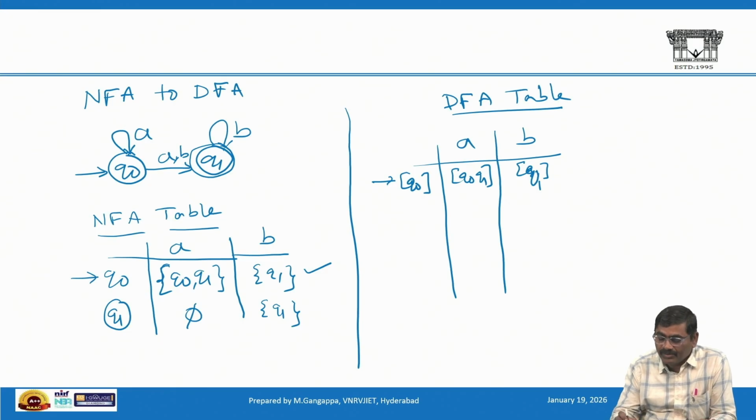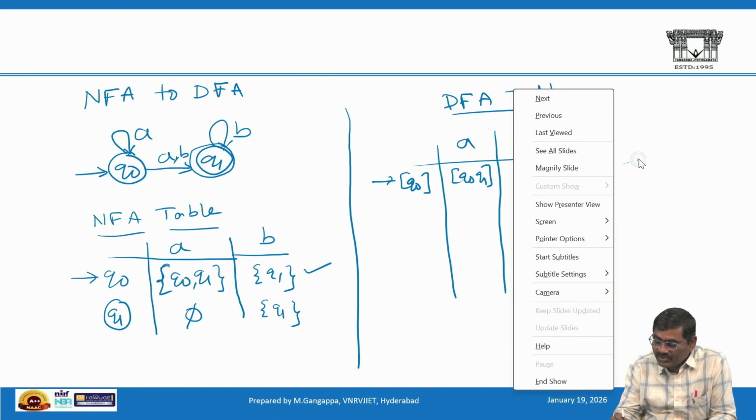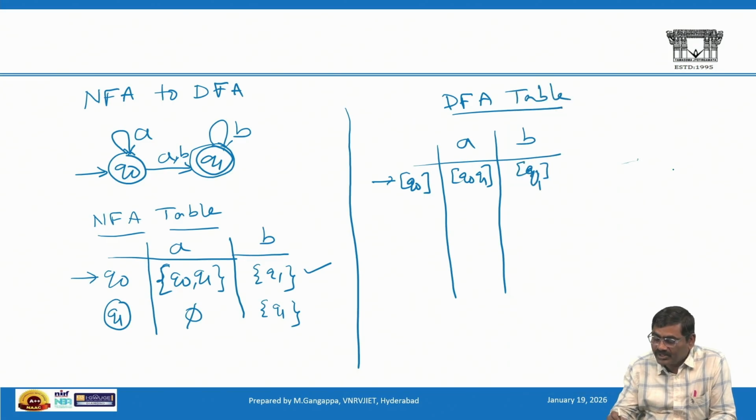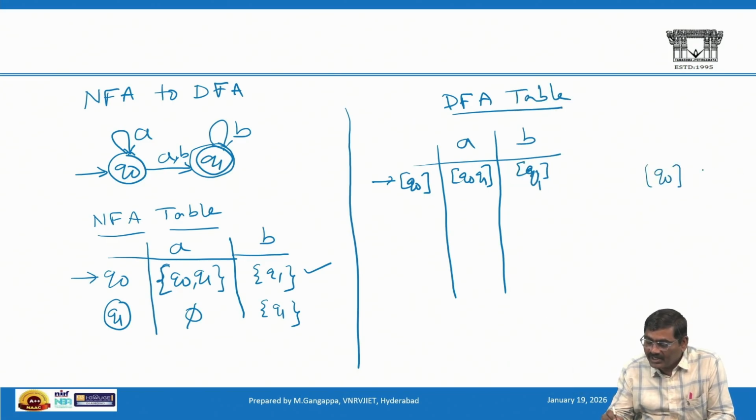After that, we should compare the next state values with the current state values in the DFA table. Let us go with the first one. Q0 is the current state, and this is compared with Q0, Q1, because this is the next state in the DFA table.